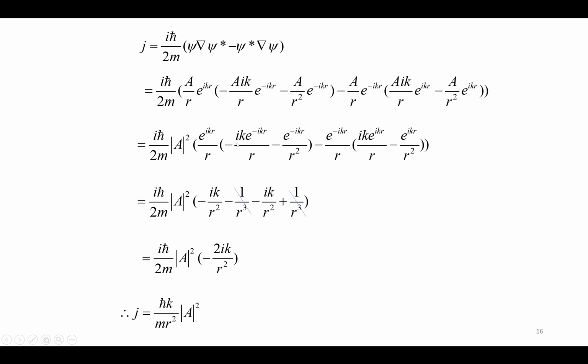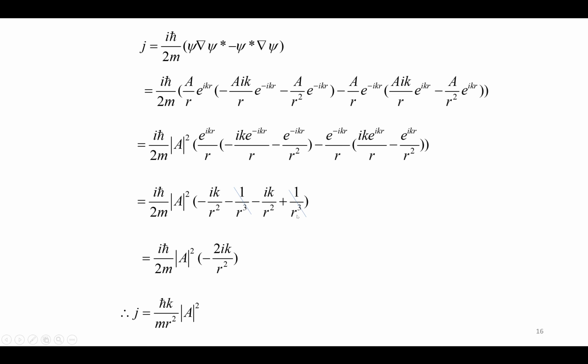Multiply e power ikr by r inside: e power ikr multiplied by e power minus ikr gives 1. The remaining term will be minus ik divided by r, multiplied by r gives r squared. The next term, again e power ikr multiplied by e power minus ikr, and r multiplied by r squared gives r cube, so we have minus 1 by r cube. This term is exactly similar, so we have minus ik divided by r squared, and this term becomes minus minus plus, giving plus 1 by r cube.